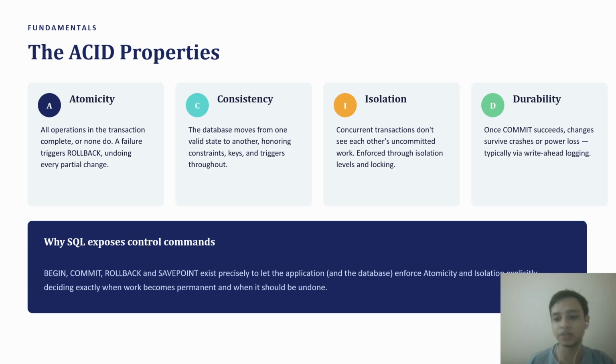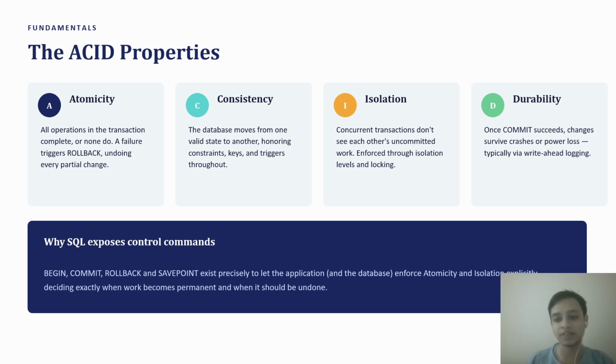There should not be any variable. Either you complete it or it should be incomplete. That's what atomicity says. At some point, the transaction stops and continues from there. This is not allowed in the atomicity property.